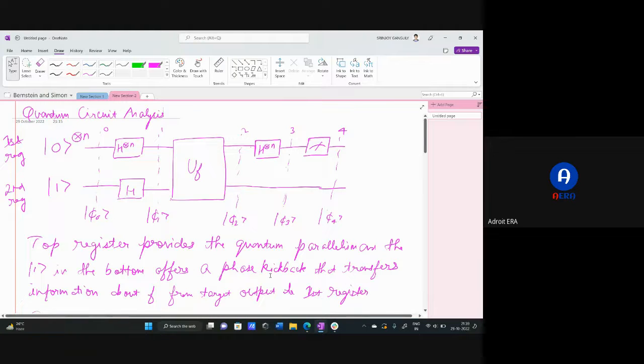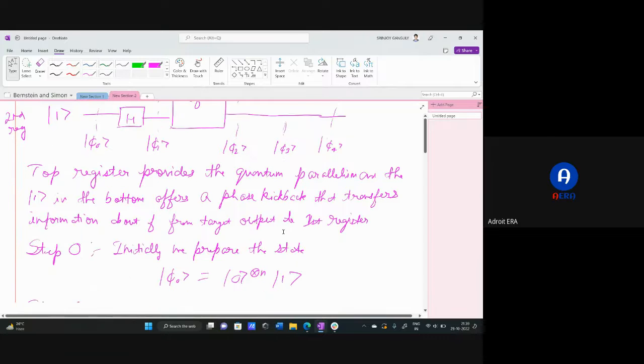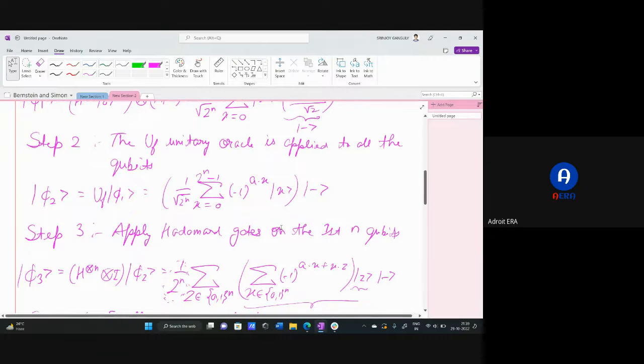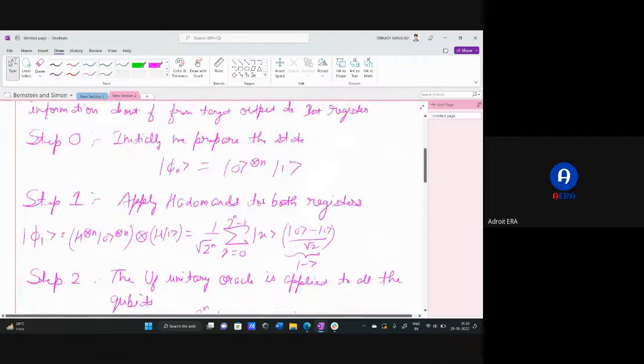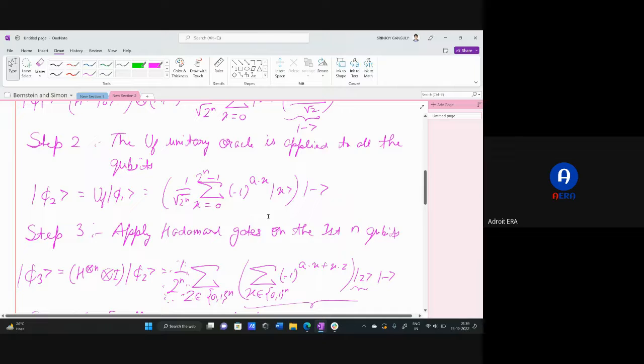So have you all noted down the quantum circuit analysis of Bernstein-Vazirani? Have you noted down the steps? Step 1, step 2, step 0? Has anyone written step 3 and step 4?